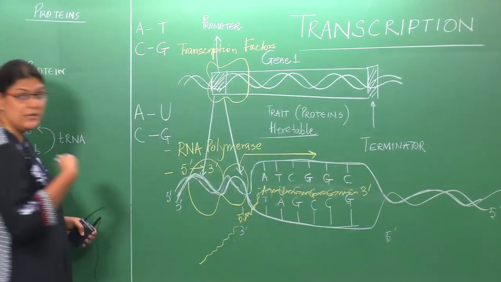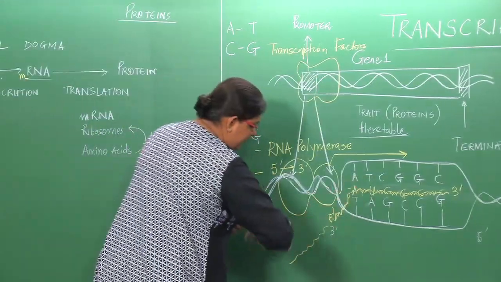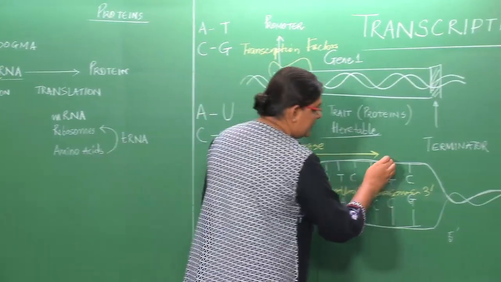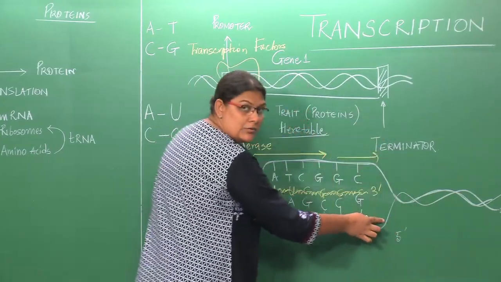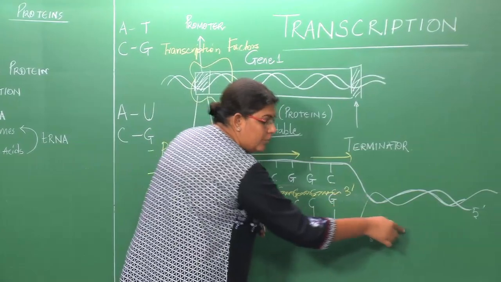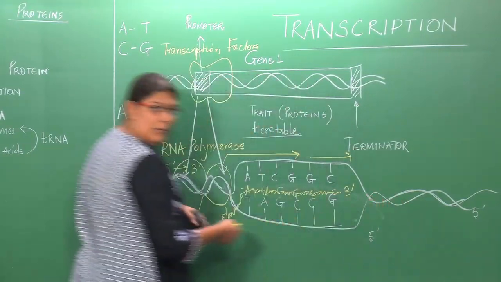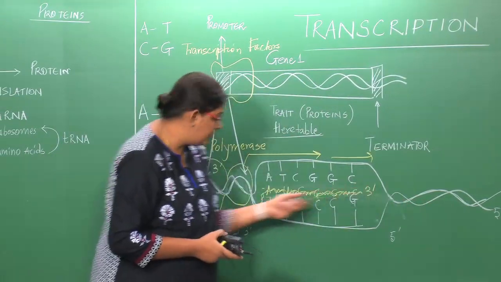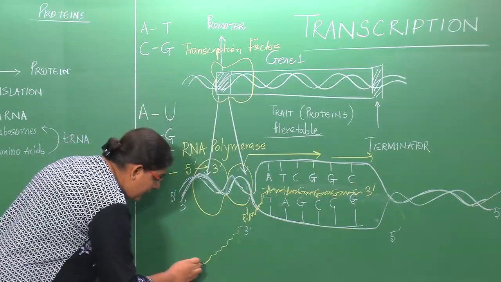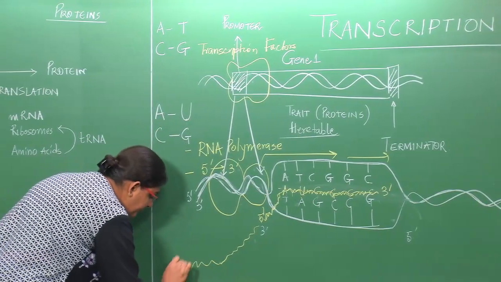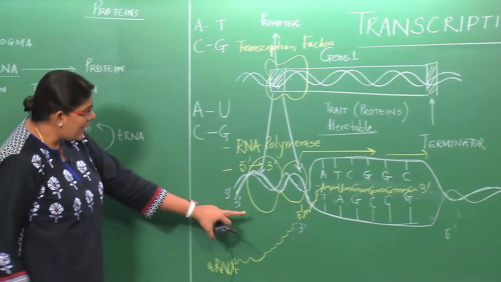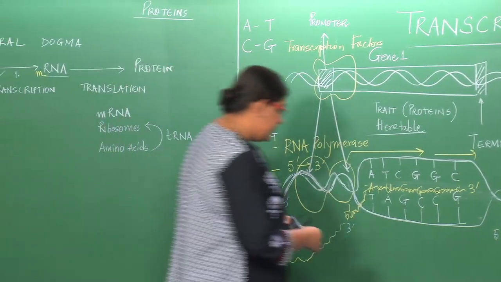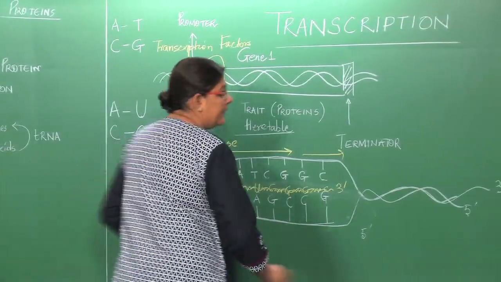And this RNA is then coming out, and as RNA polymerase is moving forward, it further unwinds the DNA, reads the strand, keeps on adding the ribonucleotides in the 5 prime to 3 prime direction, and the mRNA molecule is coming out at the other end. All right. So, what has happened by the end of transcription? Let me just redraw this.